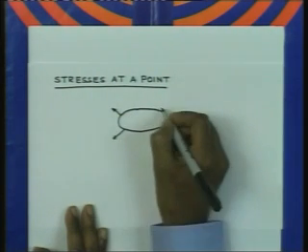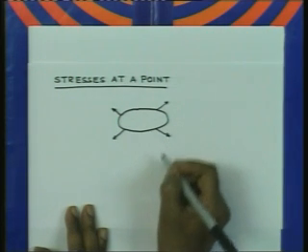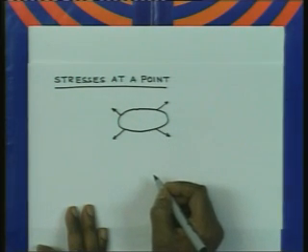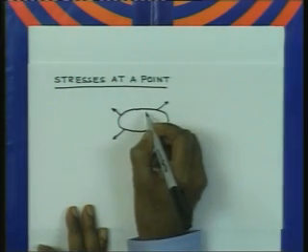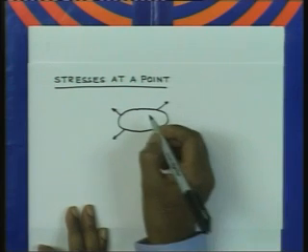And now we would like to consider splitting this body into two parts by considering a plane passing through our point P, and it is perpendicular to the x axis.